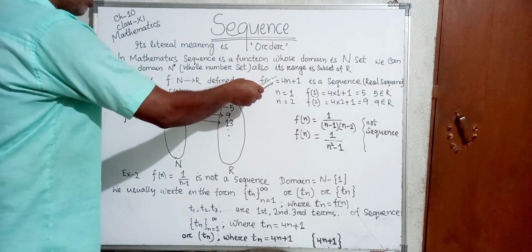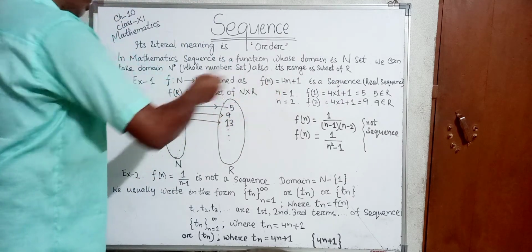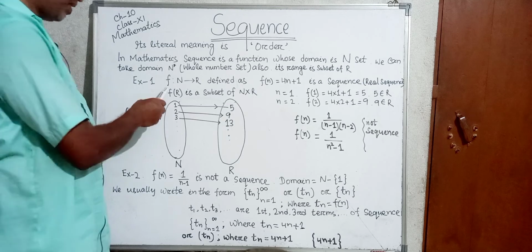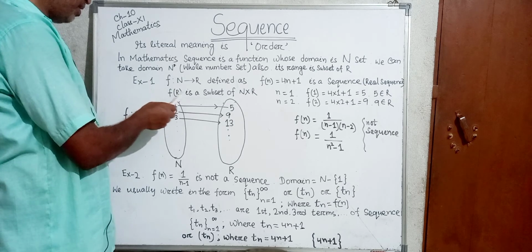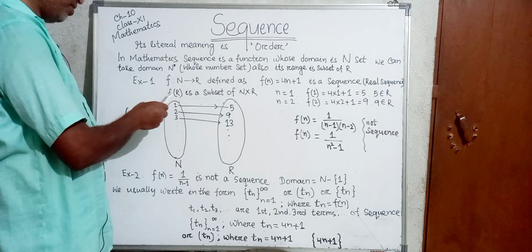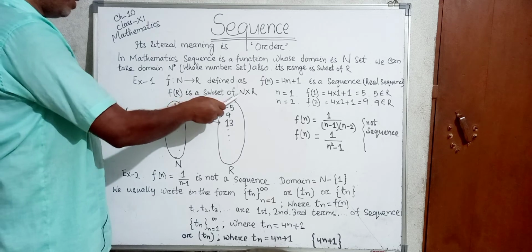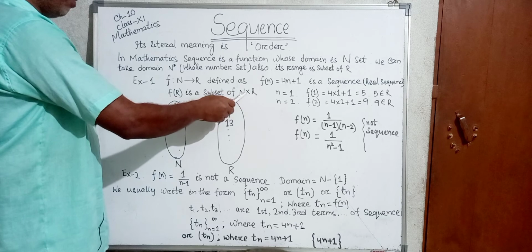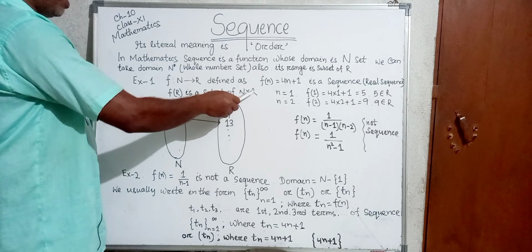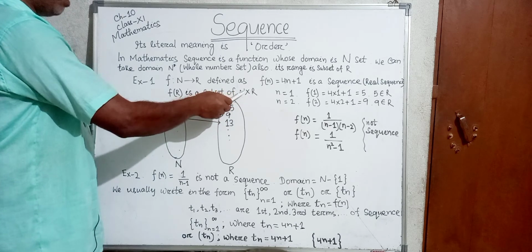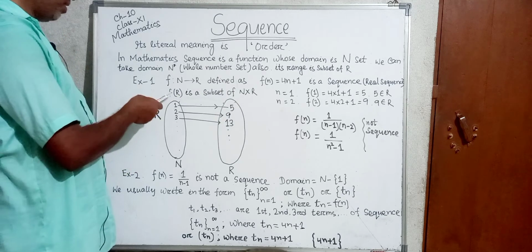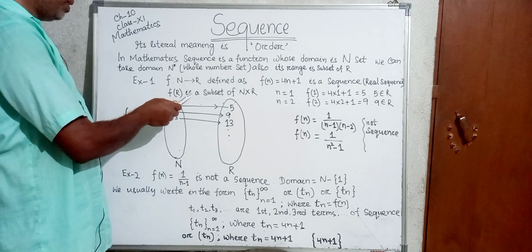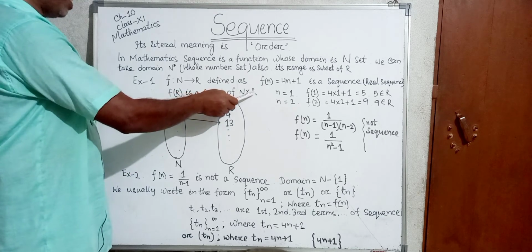Here f is a relation, a subset of the Cartesian product N cross R. Here the function is a subset of N cross R.